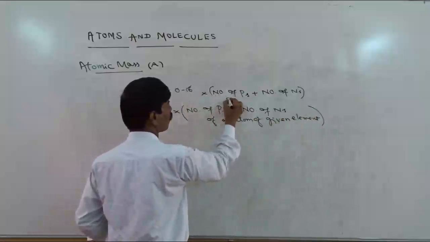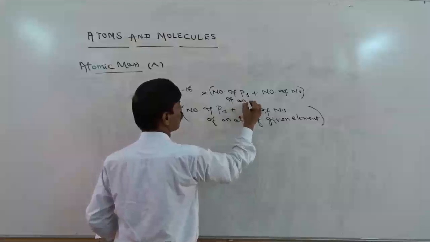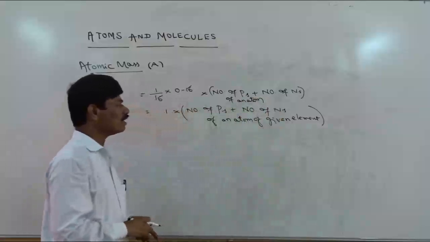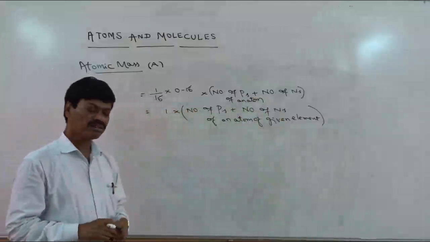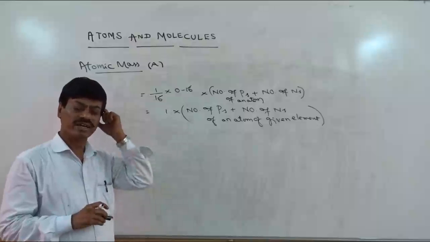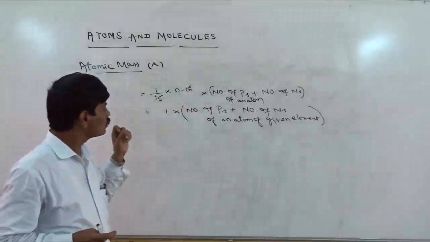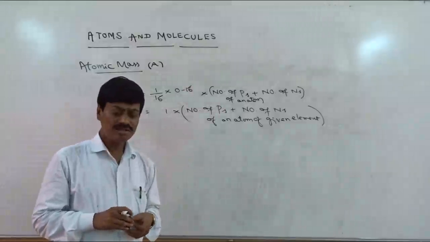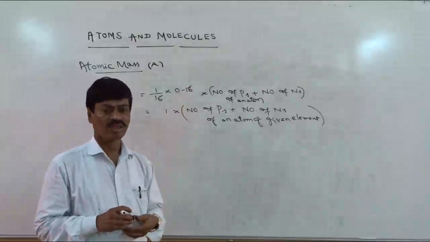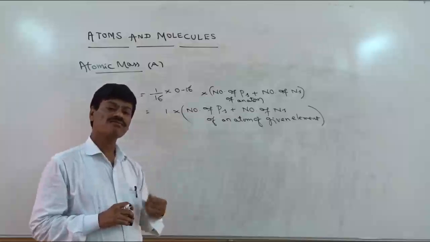Same here also, of an atom of a given element. The reason why oxygen was taken to compare the mass of the atom of the given element was that oxygen was able to form many compounds in the form of oxides.